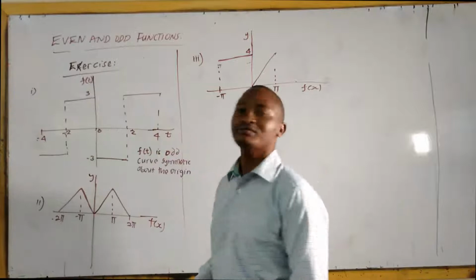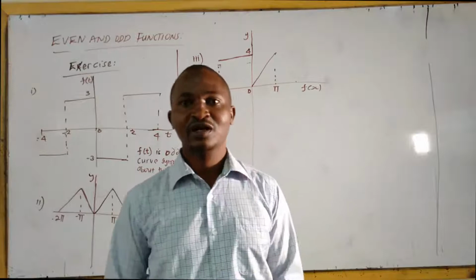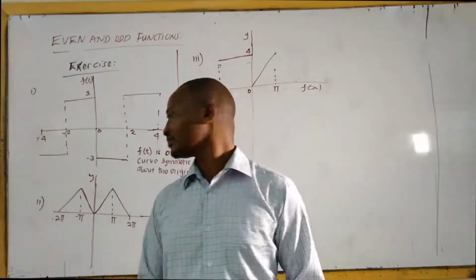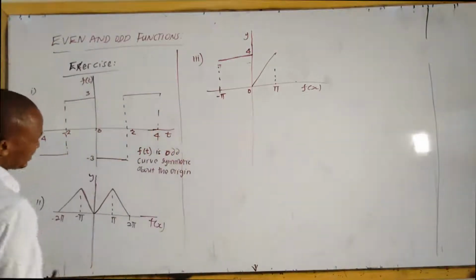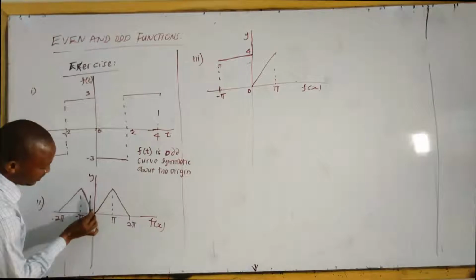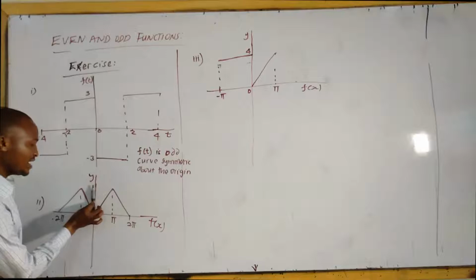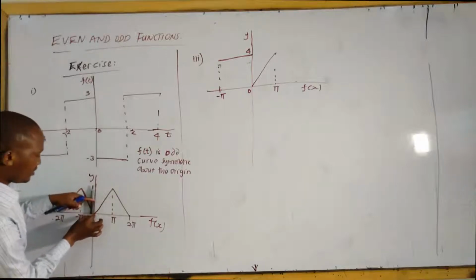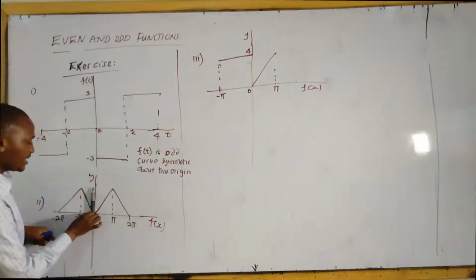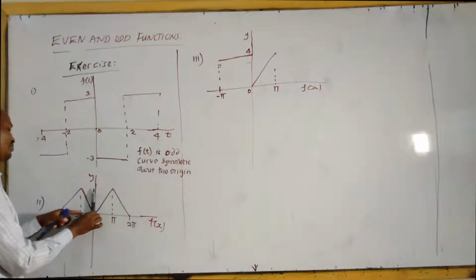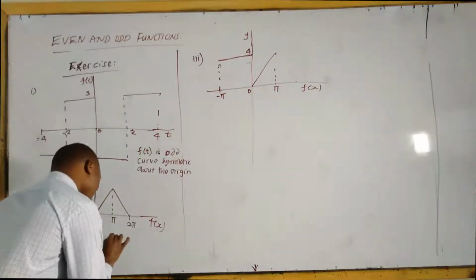Our second example, is it odd or even? Pause the video and take a moment to look at it. If you look at our curve here, if you put a mirror on the y-axis, the image of this curve, which is now our object, its image on the mirror will be this. So our curve here, y is equal to f of x.